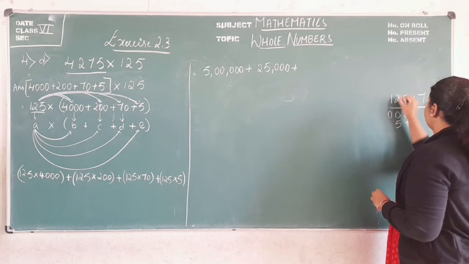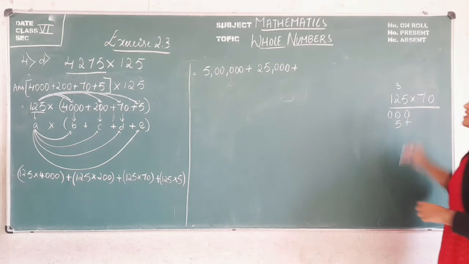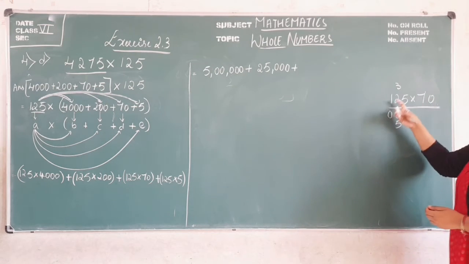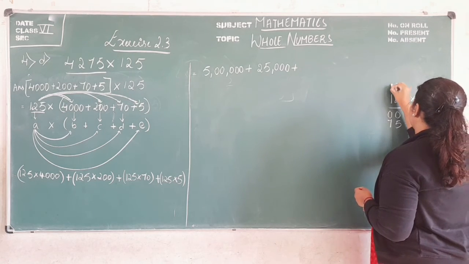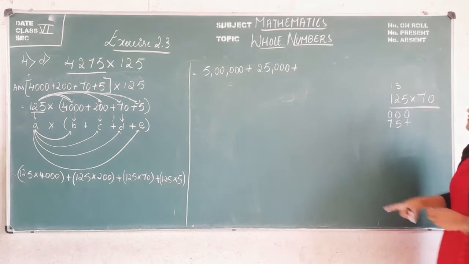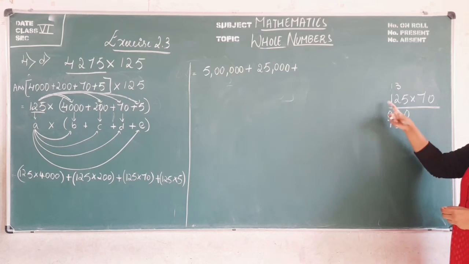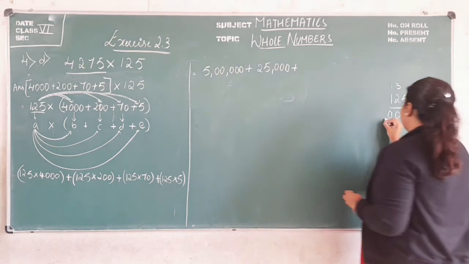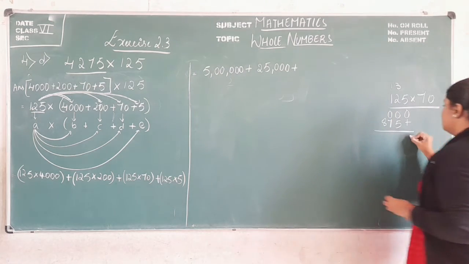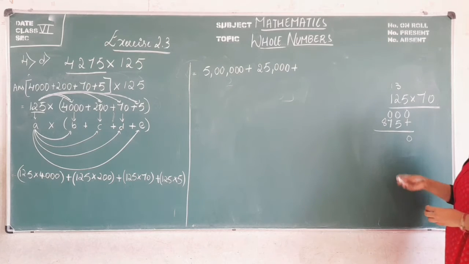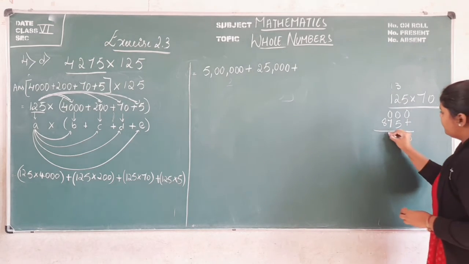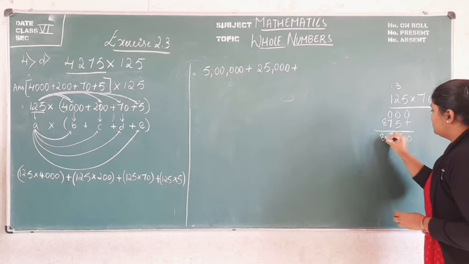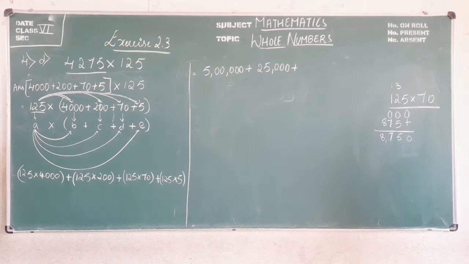So 5, 3 carry. Then what is 7 2s? 14, 14 plus 3, 17. So 7, 1 carry. Then what is 7 1s? 7, 7 plus 1, 8. So we got 0. What is 0 plus 5? 5. Again 0 plus 7 is 7. Then we have 3. So we got 8,750.